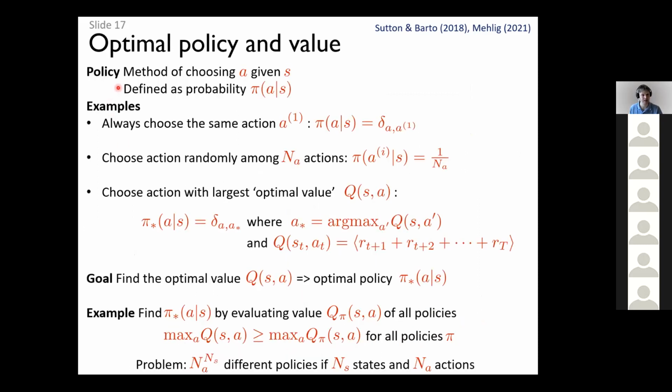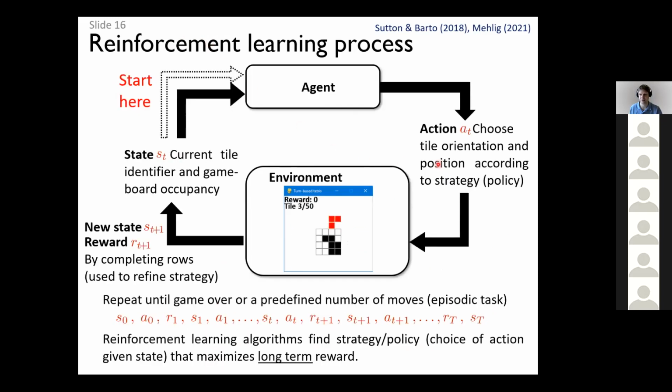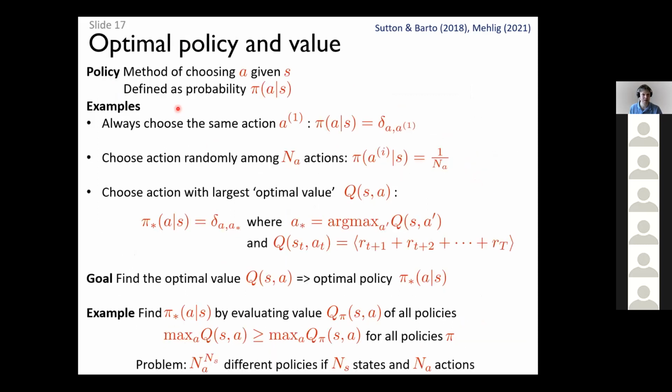And if we consider what different policies there are, so that is how to choose the action given a state, we define a policy as a probability distribution, which we call pi, to take an action given that we are in state S. And some examples of different policies could be to always choose the same action.